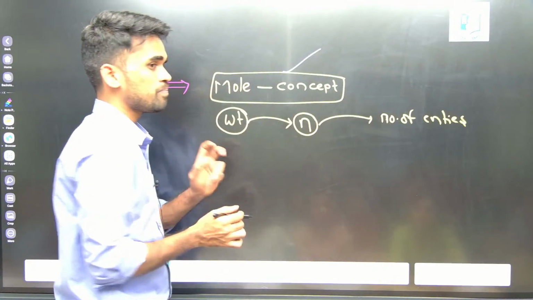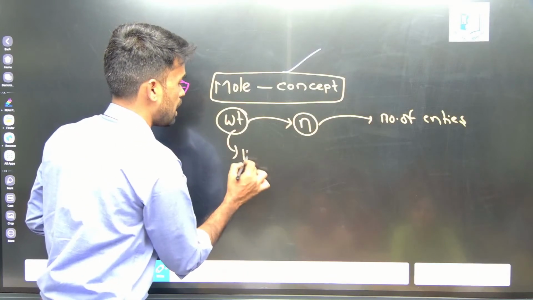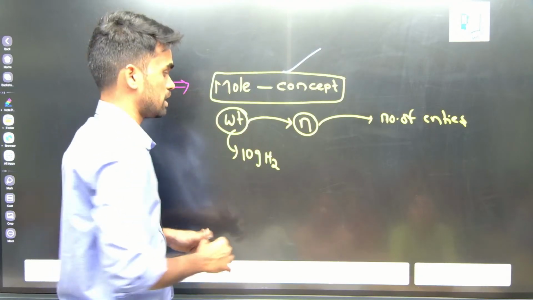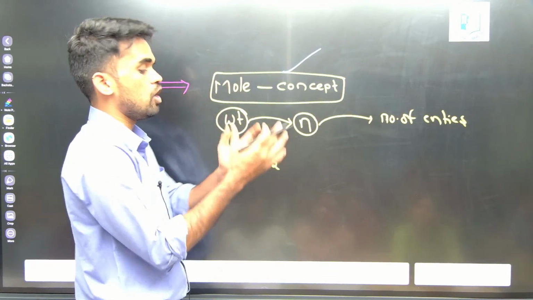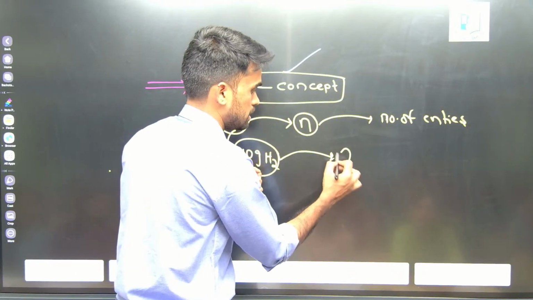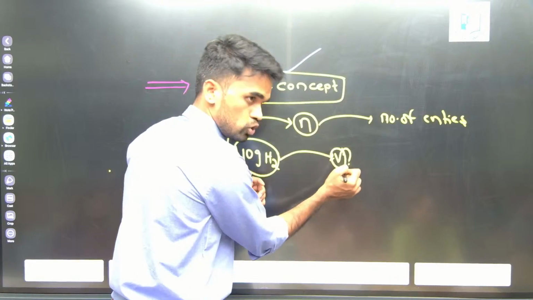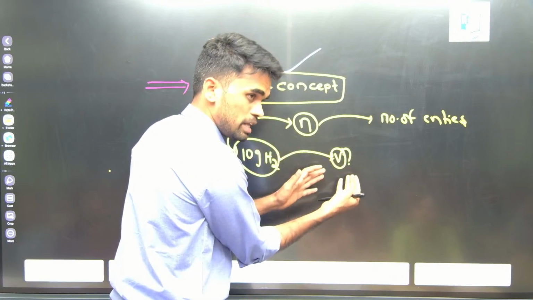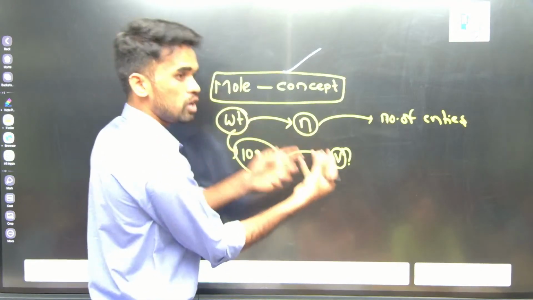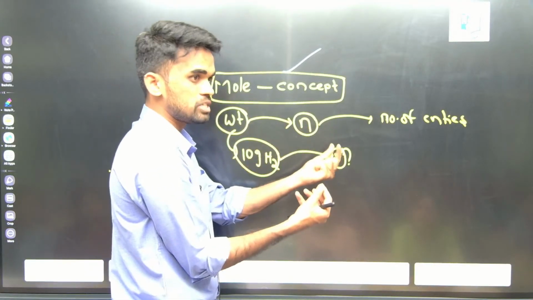For example, I am giving you 10 grams of hydrogen gas. Now how much volume will this 10 grams of hydrogen gas occupy? That is, the volume of hydrogen gas, or how much volume it will occupy at a particular temperature and pressure.